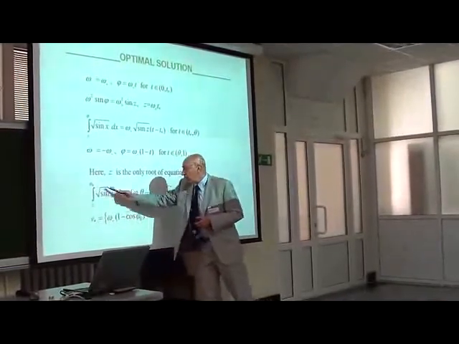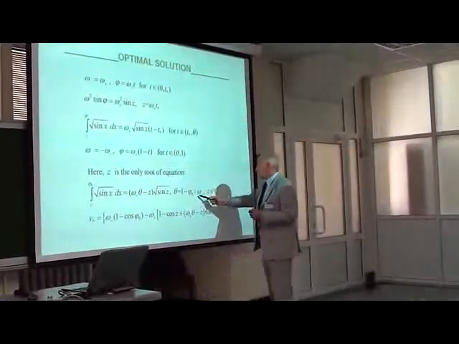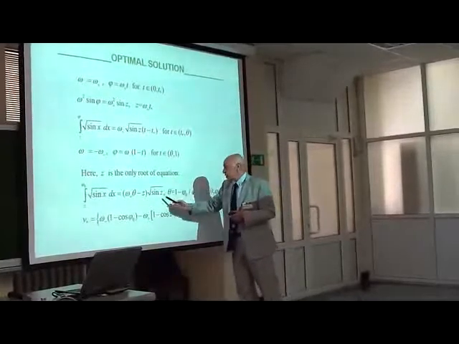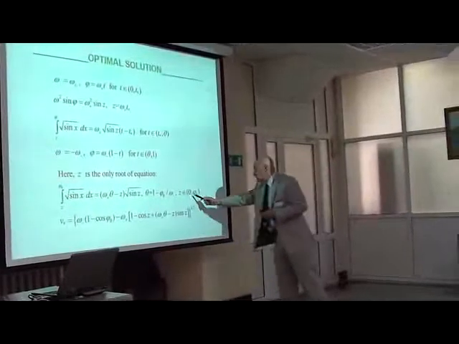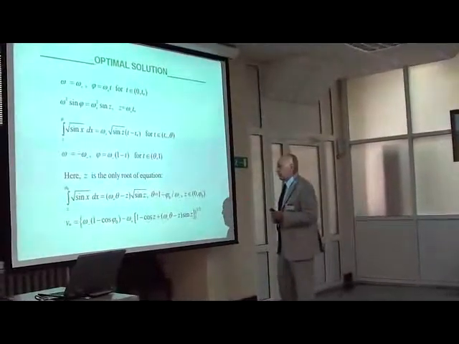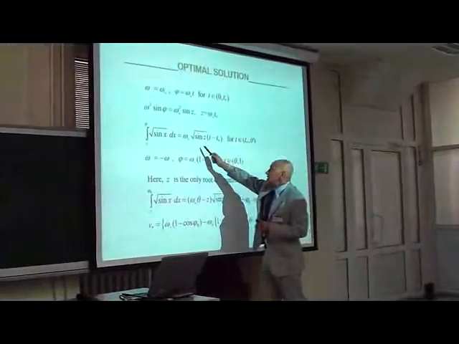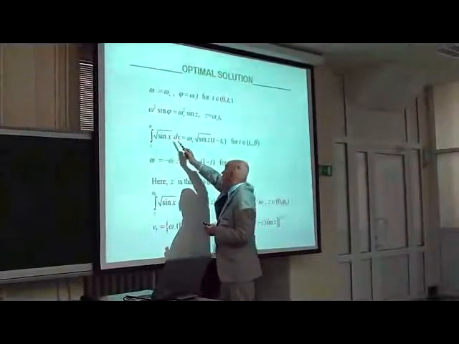You see that all other values here are given, including theta, which is also defined here. And this equation, it is shown, has only one solution in this interval. We find the value of z, and then this is the implicit formula that describes phi as a function of time.